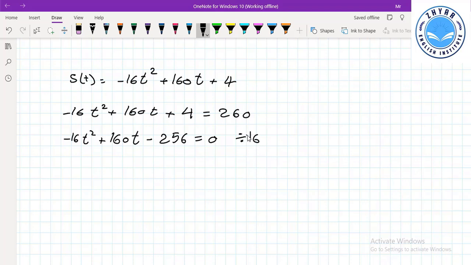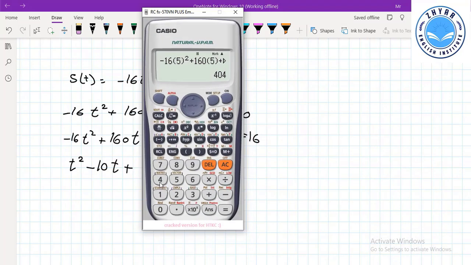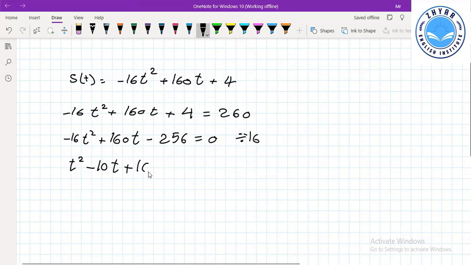Or we can divide by negative 16 to get rid of this negative as well. Then t squared minus 160 divided by 16 is 10, minus minus will be plus 256 divided by 16 is equal to 16, equal to 0.